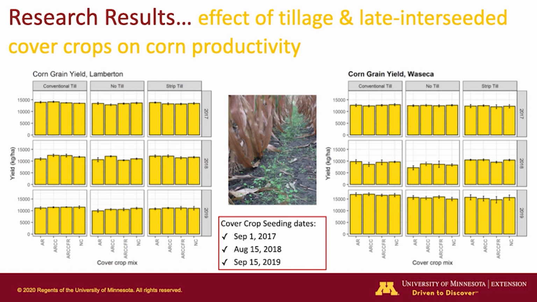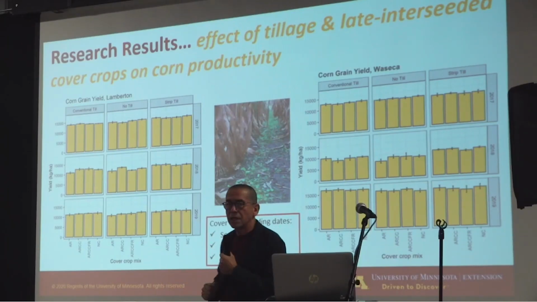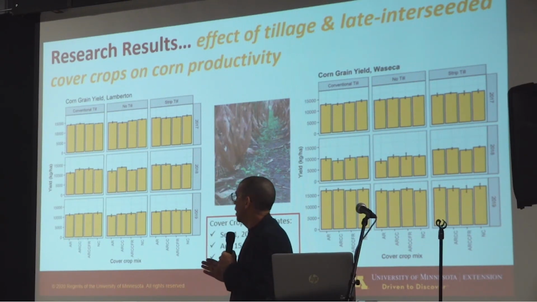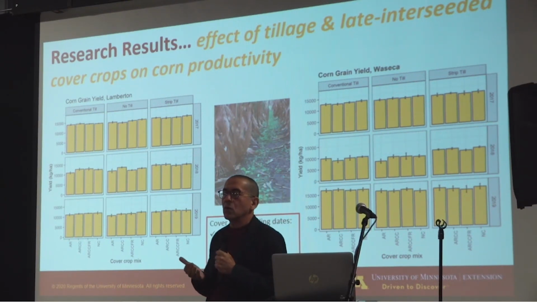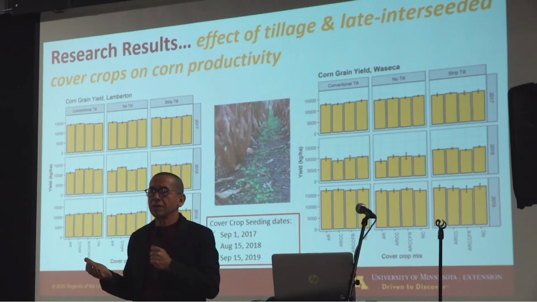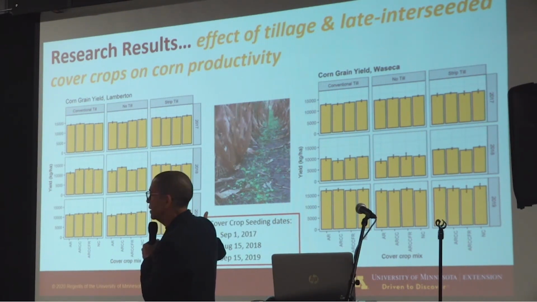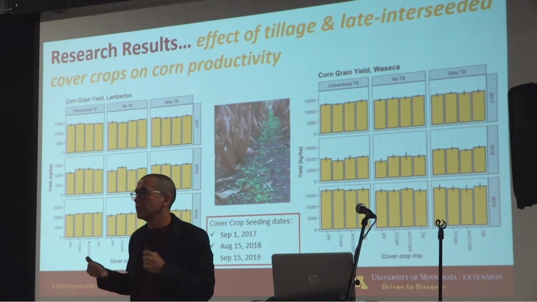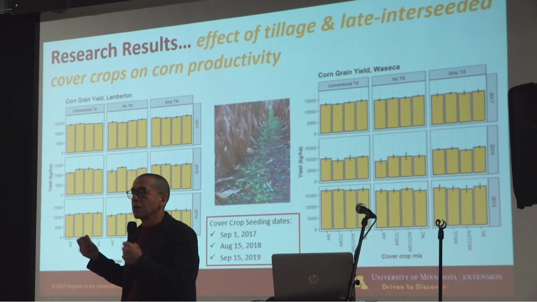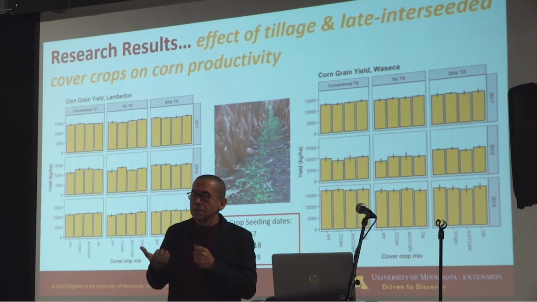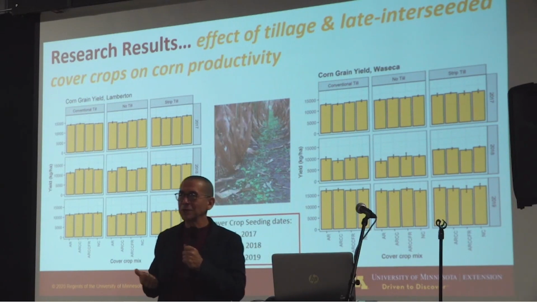And again, no differences. When did we see those? We see that in September 1st, August 15, and September 15 of 17, 18, and 19. No difference. Well, one might ask why you are not finding differences. There are huge differences in the planting dates, and there is no difference in the response of the cash crop on these things.